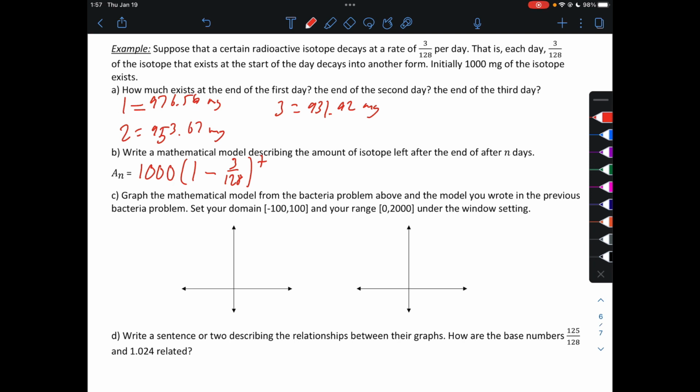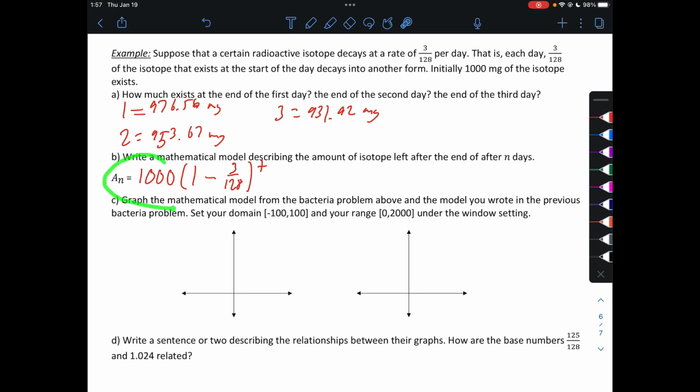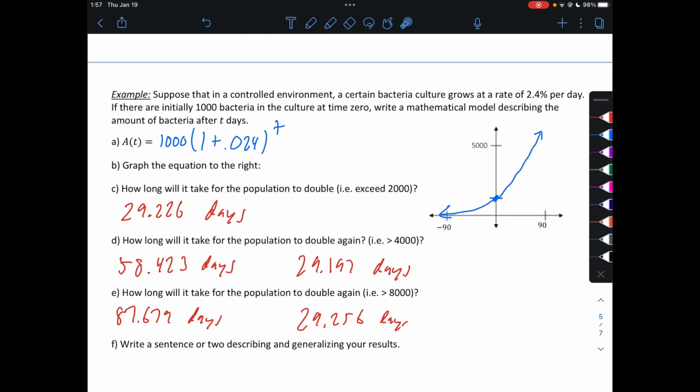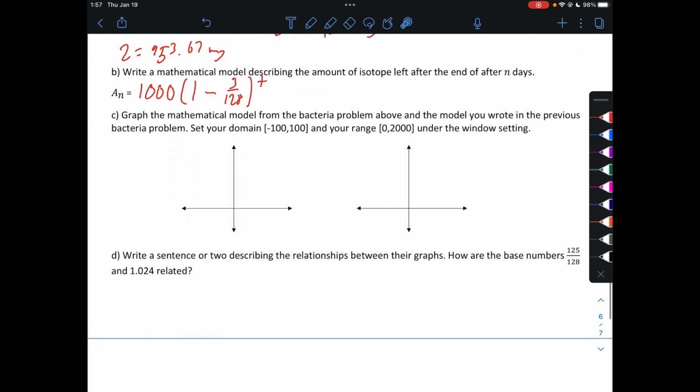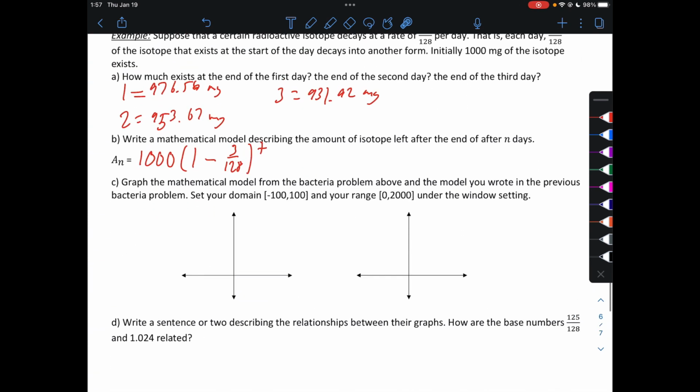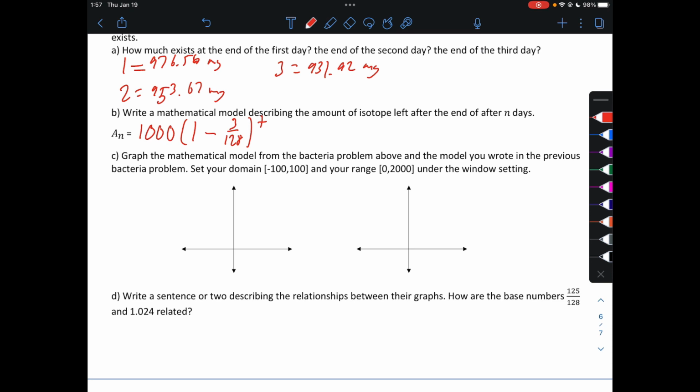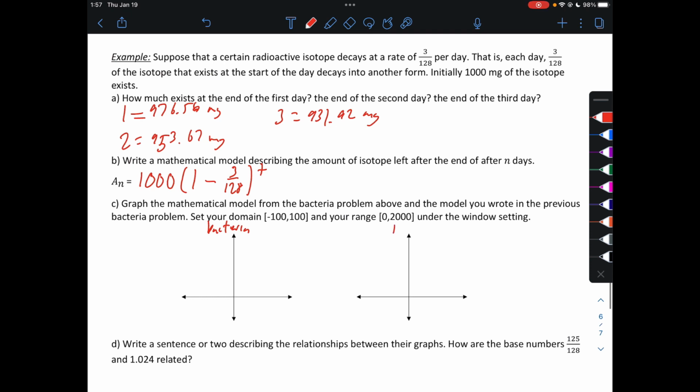We got to go back into y equals and put this and this into y1 and y2. So this is the bacteria problem, and this one is the isotope problem.